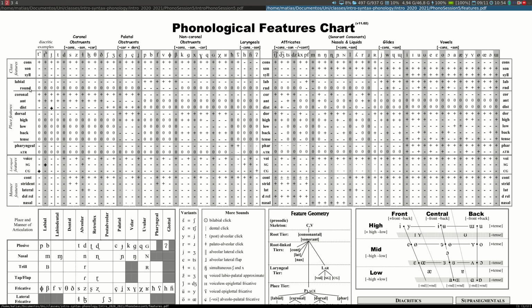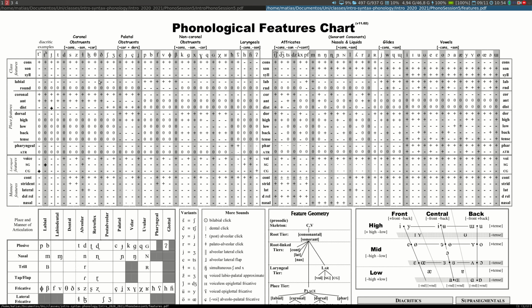Then you have rounding, and here the zeros come into play, which is what I mentioned before. In this case, you can see the labial and round features are sort of mutually exclusive, in the sense that if they are not labial, then they cannot have rounding.